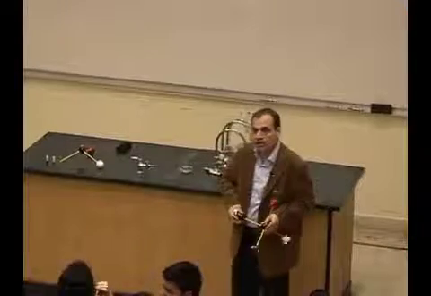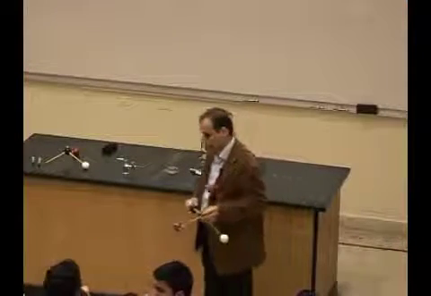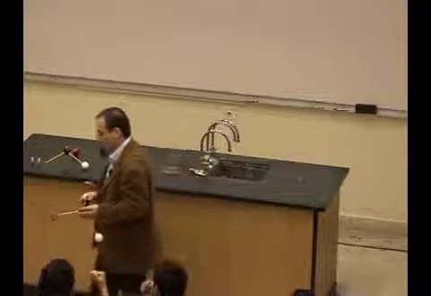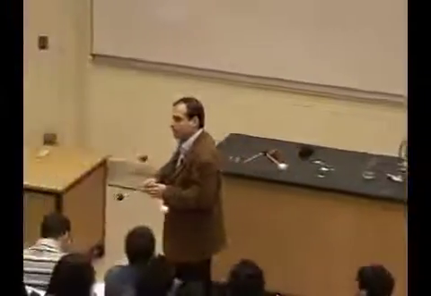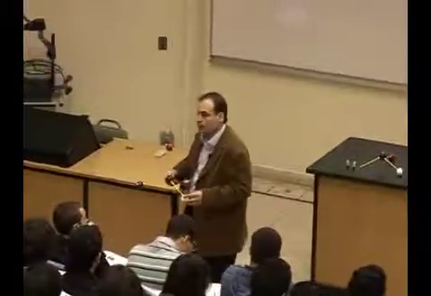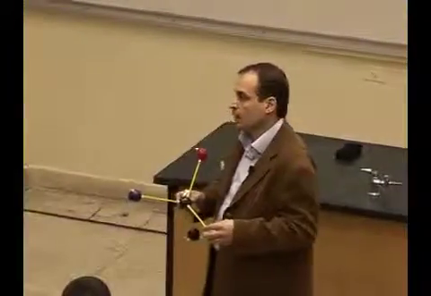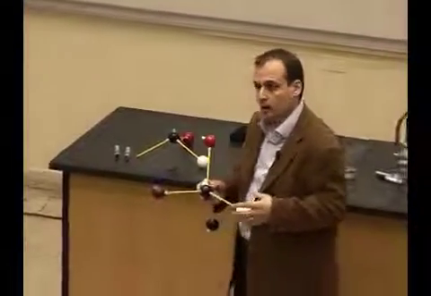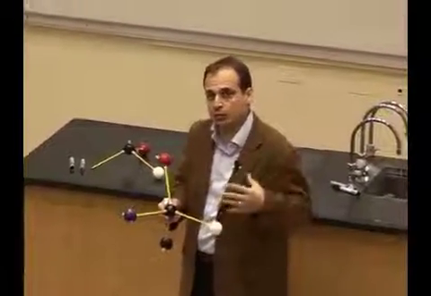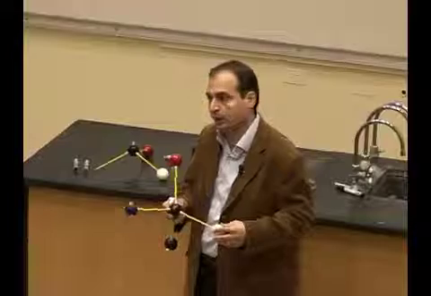So last time we talked about the rules, how to find the absolute configuration of a chiral carbon, and we agreed. We rank the 4 atoms or groups that are attached to the chiral center according to the atomic number. The one that has highest atomic number will be of highest priority.